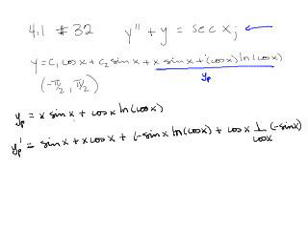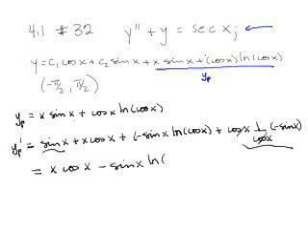So if you notice here, this is cosine x over cosine x, which is 1, and so I have a minus sine x plus sine x, so I can subtract those, and I'll be left with x cosine x minus sine x times the ln of the cosine of x.